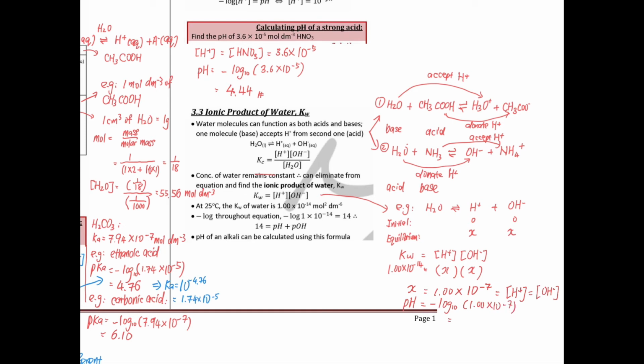By pressing the calculator, you will get 7, which is logical. The pH of water is 7. It's neutral.